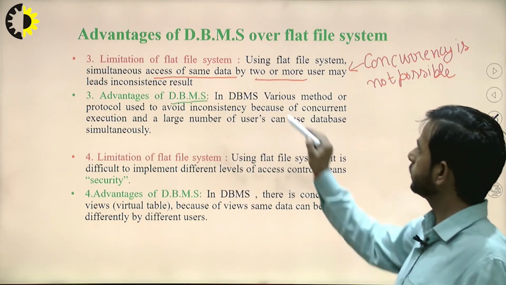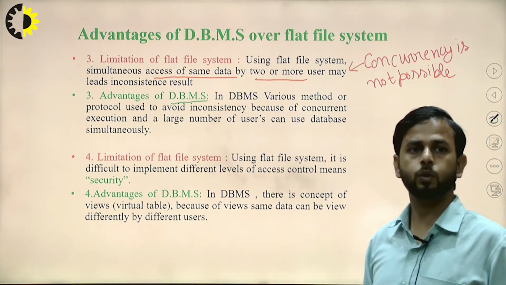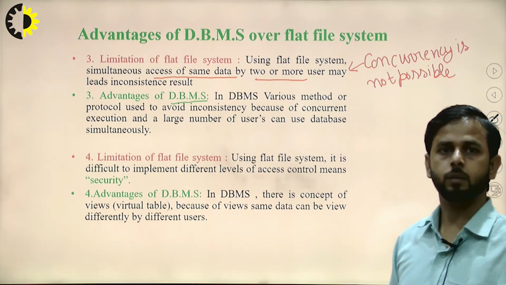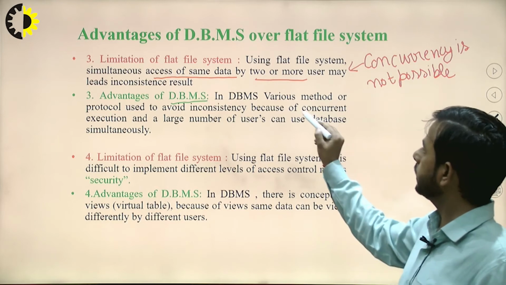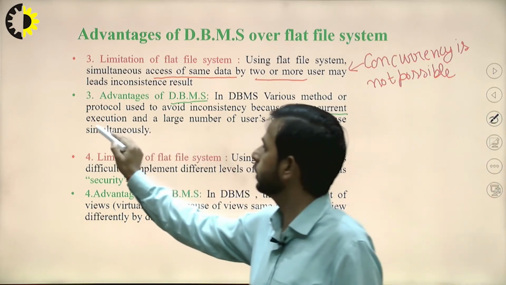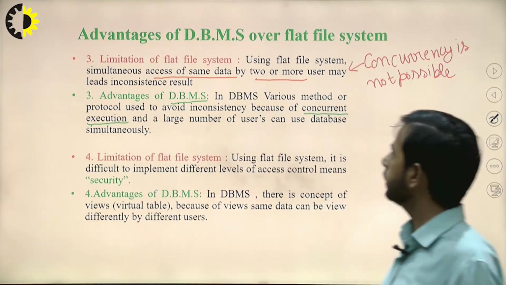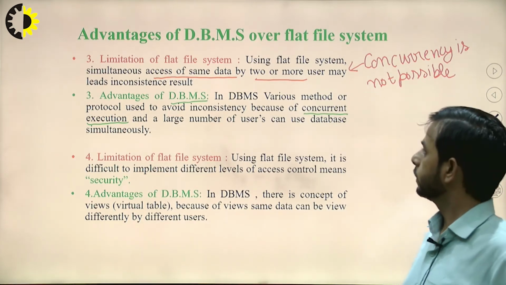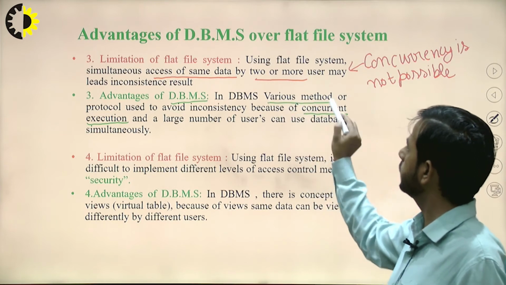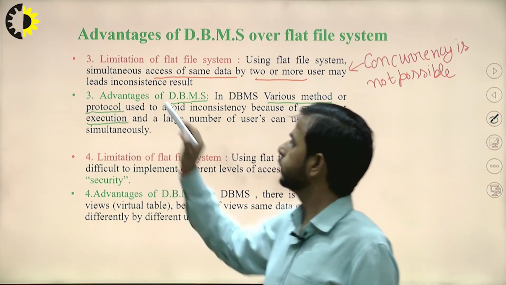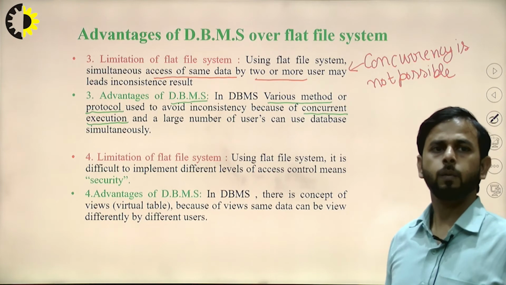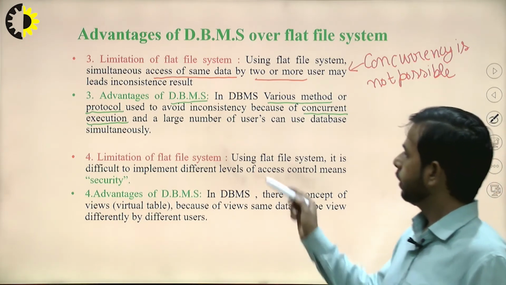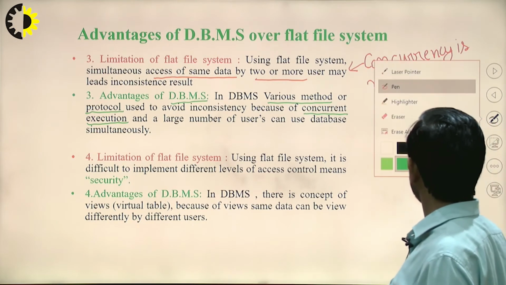In DBMS, various methods and protocols are used to avoid inconsistency because of concurrent execution, and a large number of users can use the database simultaneously. So there are various methods and protocols we use to avoid inconsistency in DBMS.